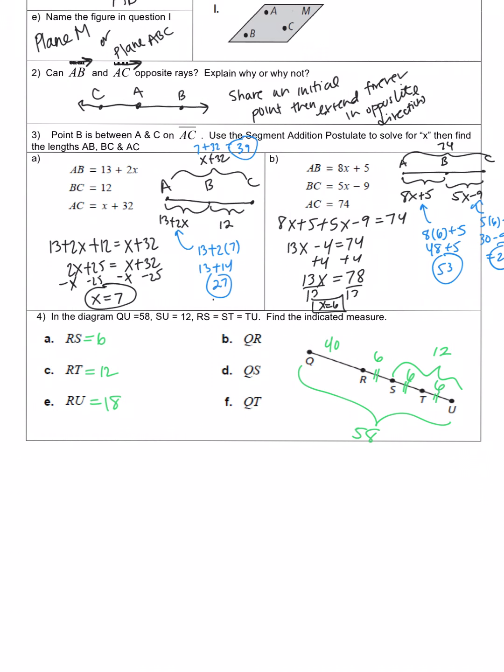Q to R, we found out to be 40. And Q to S, 40 plus 6 is 46. And Q to T is 40 plus 6 plus 6. That would be 40 plus 12, which is 52. Remember, these congruent statements mean they all have the same length.